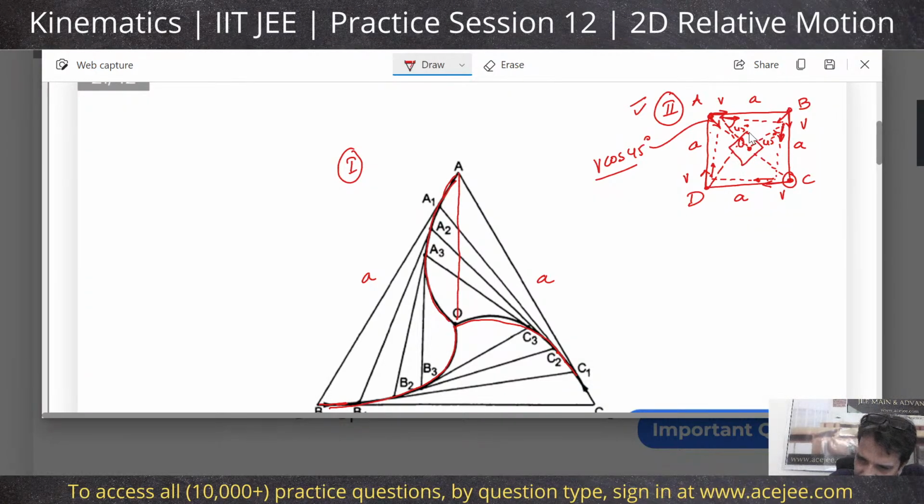So let's say A is moving towards B, B is moving towards C, C is moving towards D. Look at the velocity vectors. The component towards O is still V cos 45. Is that right? So the component of velocity pointed towards O is V cos 45 at all times.